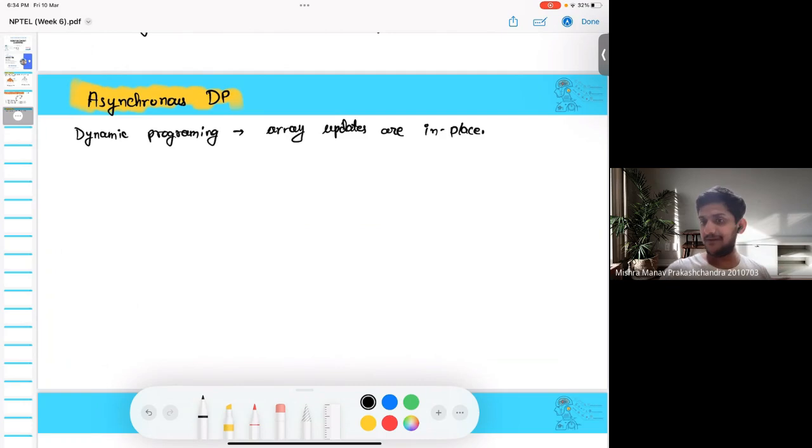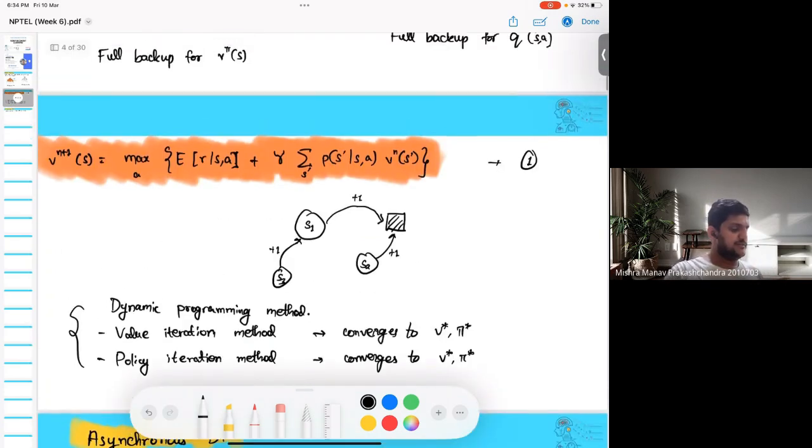If I have an update for state S1, I simply update it and replace it in that array itself. So I replace Vn of S1 by Vn plus 1 of S1, which is the updated value.